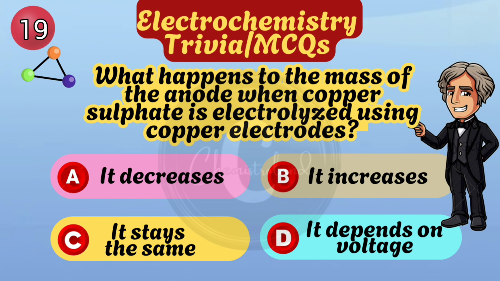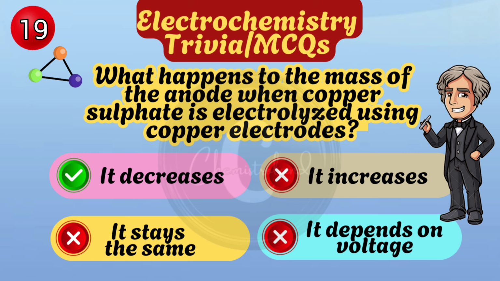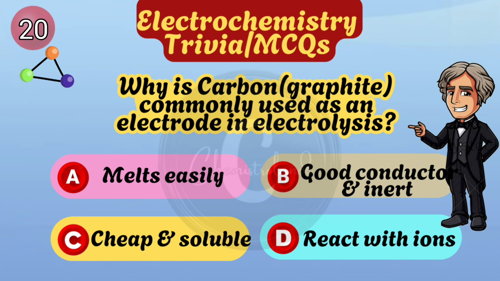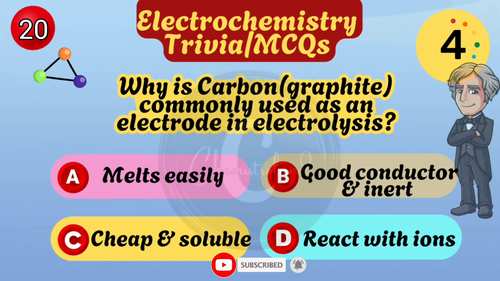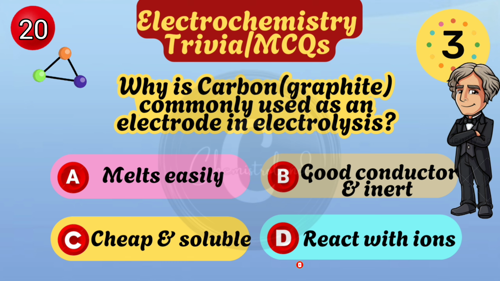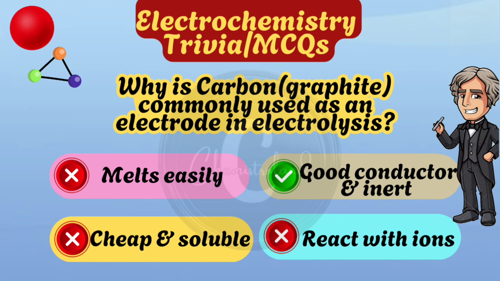What happens to the mass of the anode when copper sulfate is electrolyzed using copper electrodes? It decreases. Why is carbon or graphite commonly used as an electrode in electrolysis? Because it is a good conductor and inert.